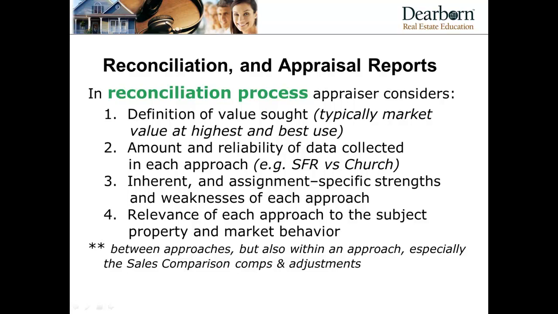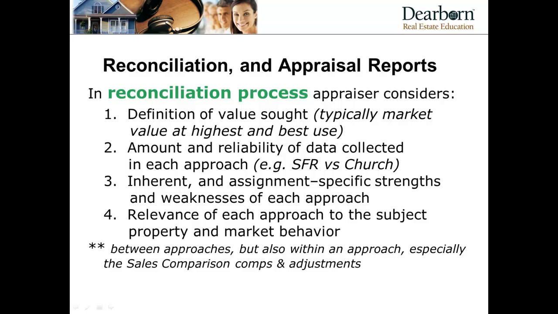So in that kind of report and appraisal, you'd likely give the most weight to the cost approach. You probably wouldn't find an income approach applicable to a church, nor likely sufficient comparable sales to use the sales comparison approach in most markets.